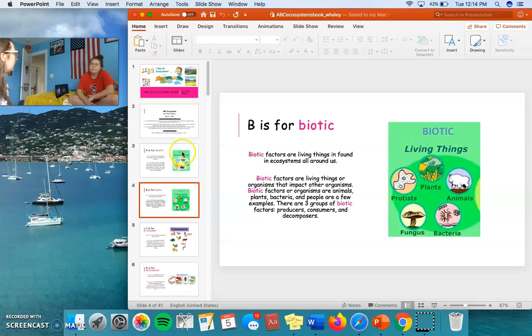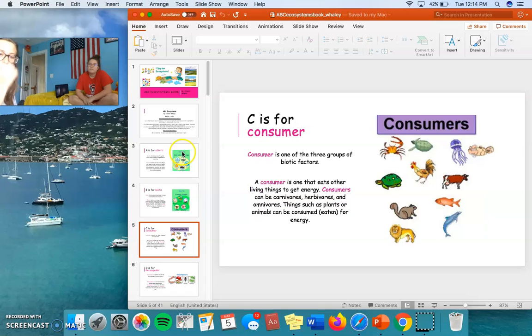Can you tell me something about a biotic factor? Maybe something you didn't know, or maybe another example of a biotic factor besides the ones we have on the screen? Would humans be biotic because they're living? Yep, exactly. Humans would be biotic because we're living.